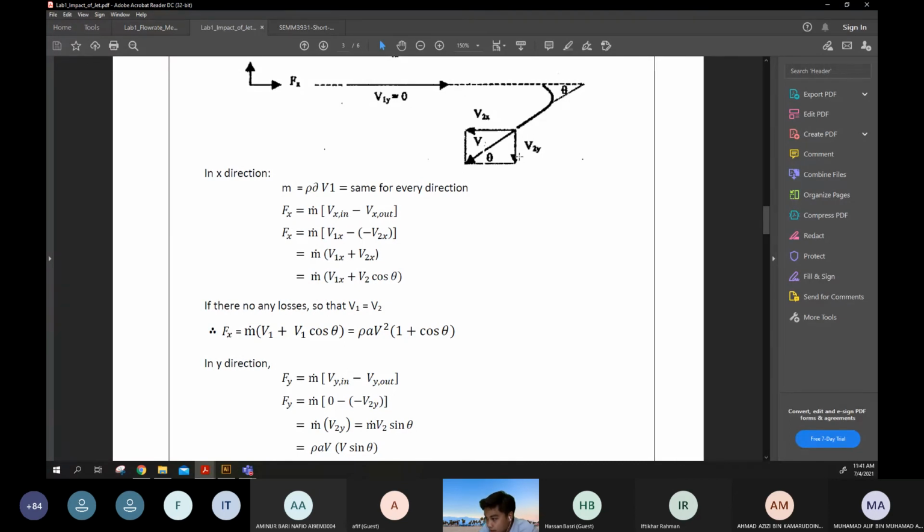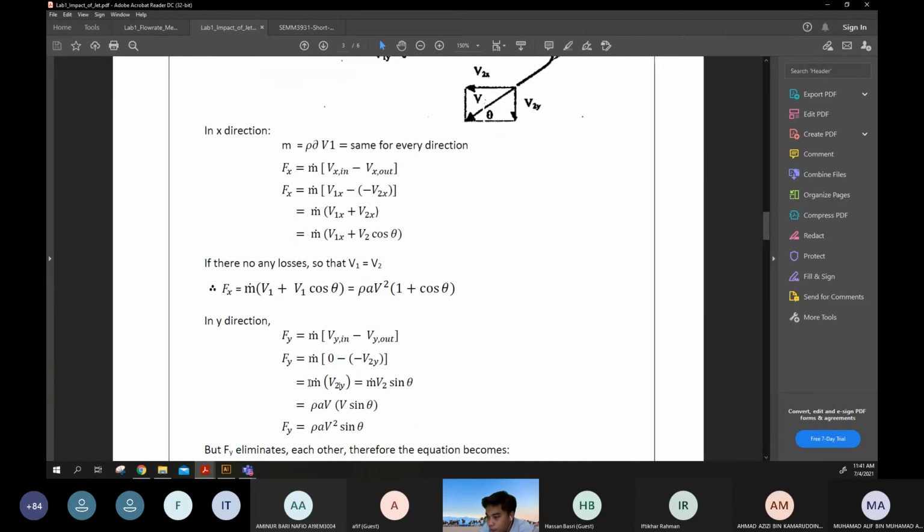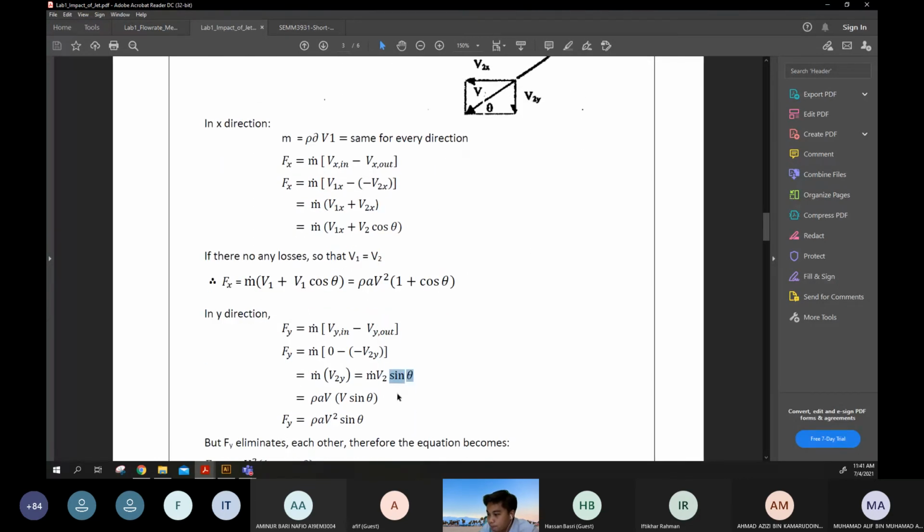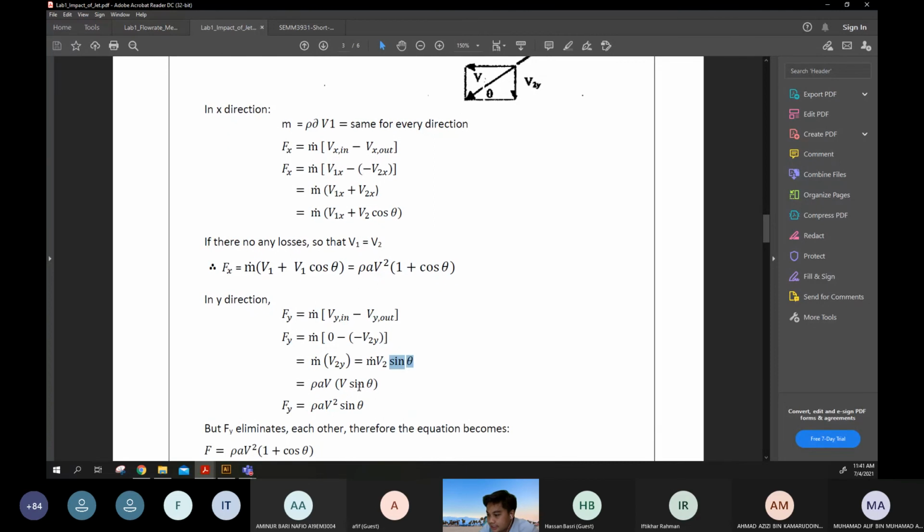When it is downward, that means it is negative. Negative with negative, positive. So you simplify, you will get the mass flow rate times V2 sine theta. Why do you need sine theta? Because V2 sine theta gives you V2y. So you simplify further, you get rho A V squared sine theta.